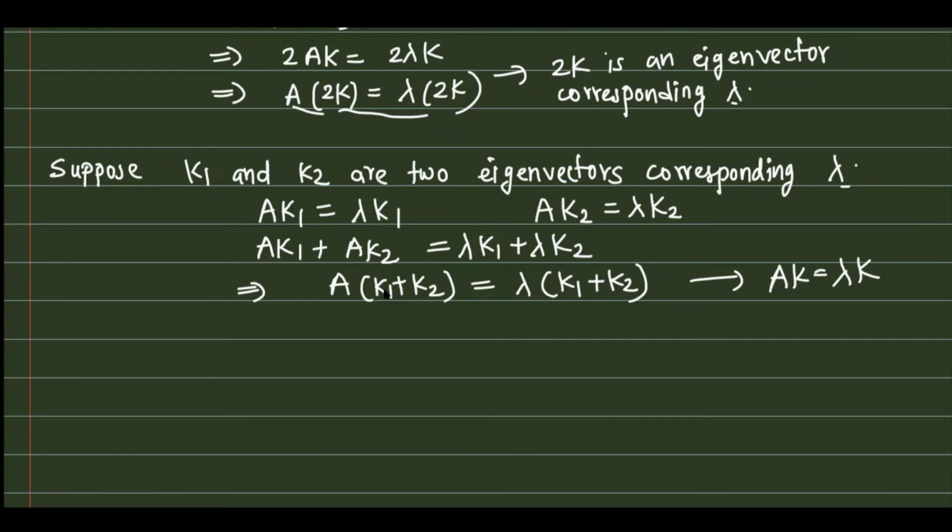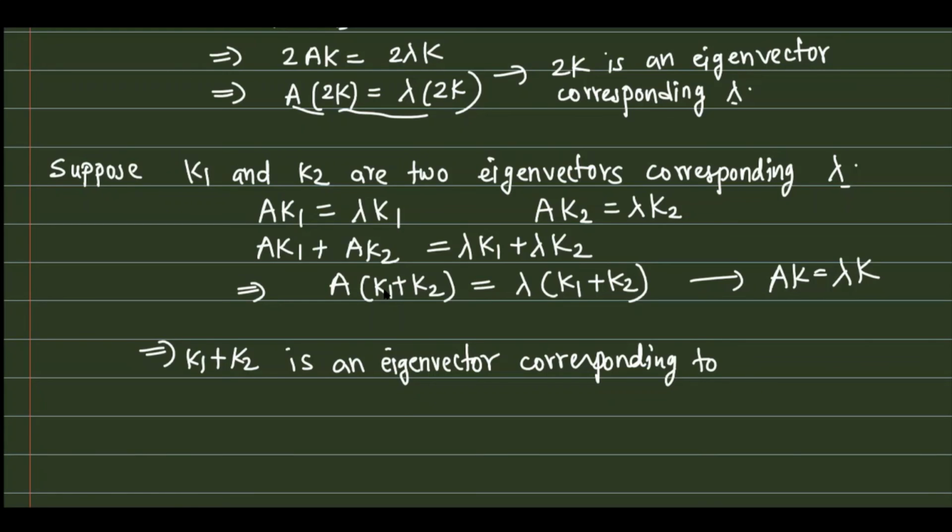So this implies that k1 plus k2 is an eigenvector corresponding to eigenvalue lambda.